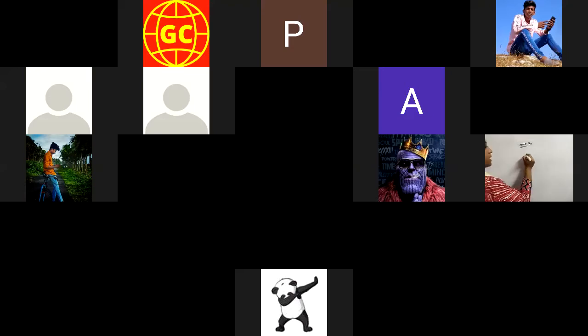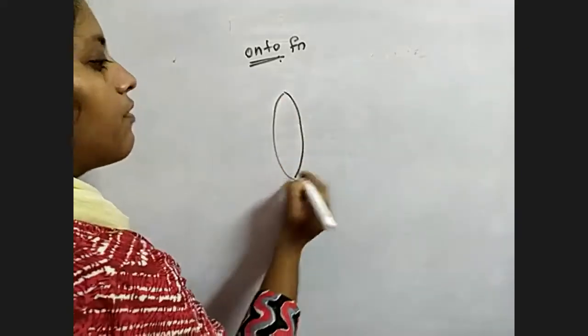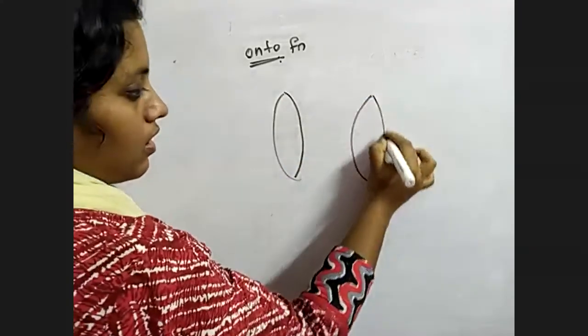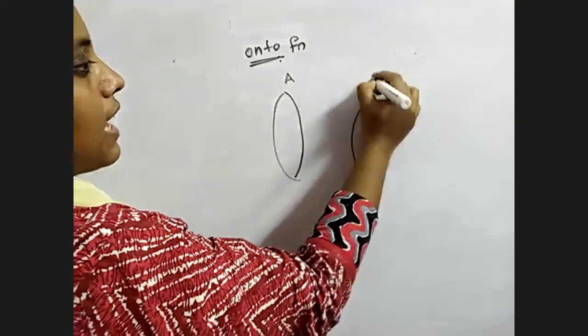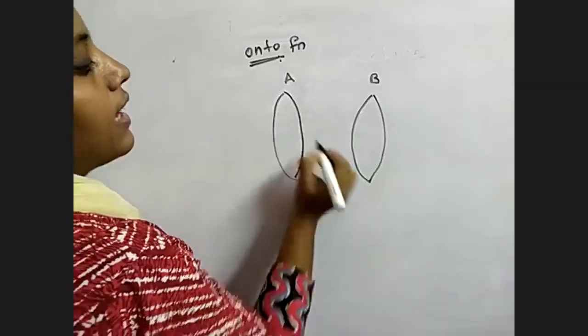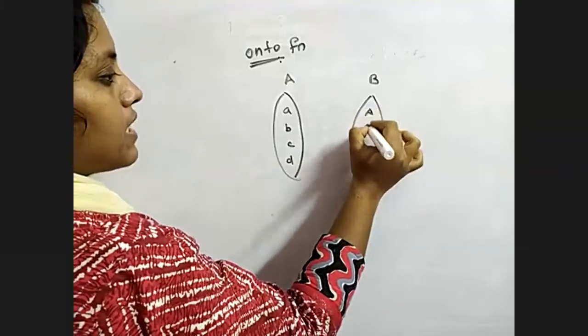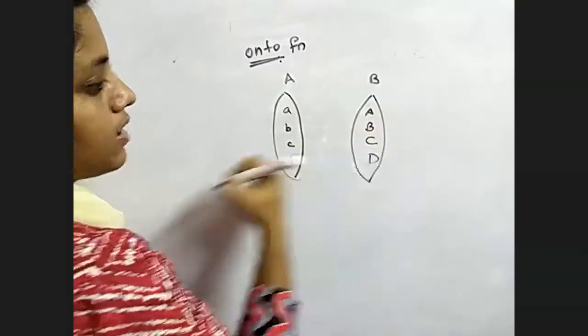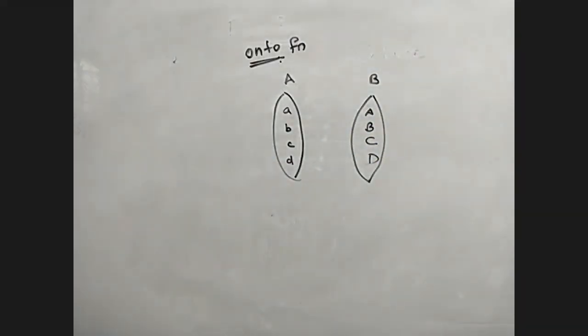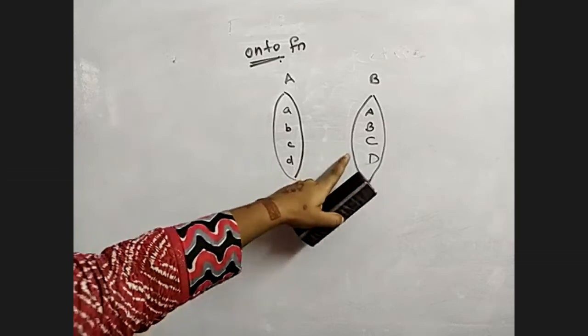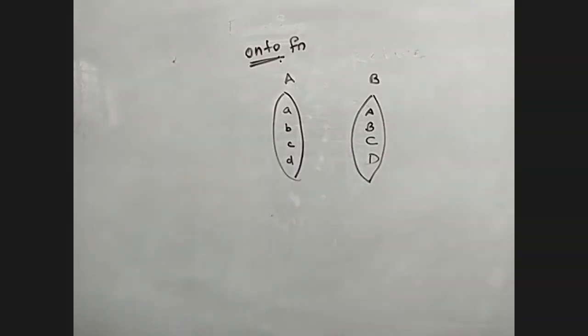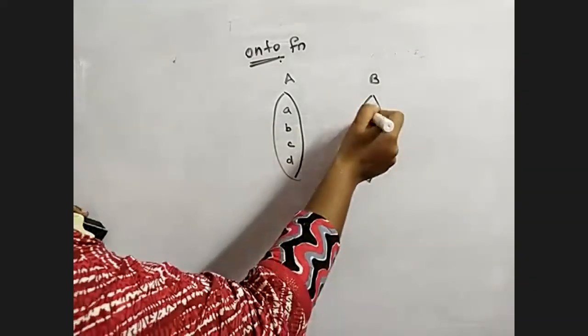Onto function means if I'm having sets A and B, then A, B, C, D. Every element from B should have at least one pre-image.